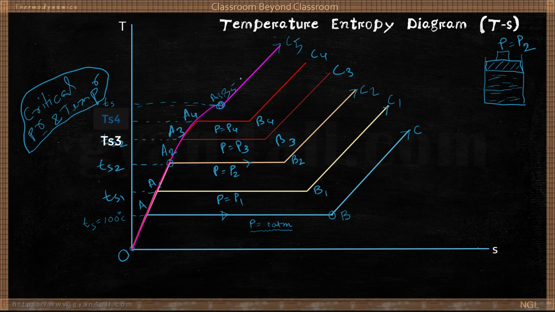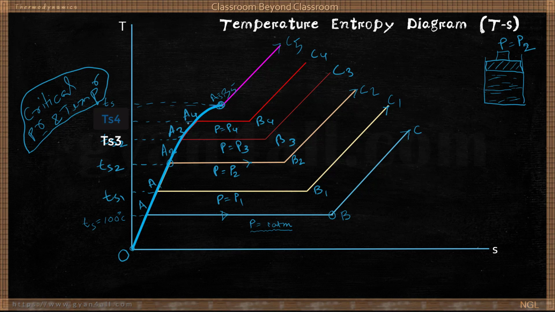And again, if we join the points B, B1, B2, B3, B4, B5, this line is called the dry steam line. Remember, dry steam line. I will first draw the liquid line above these points itself, in blue.